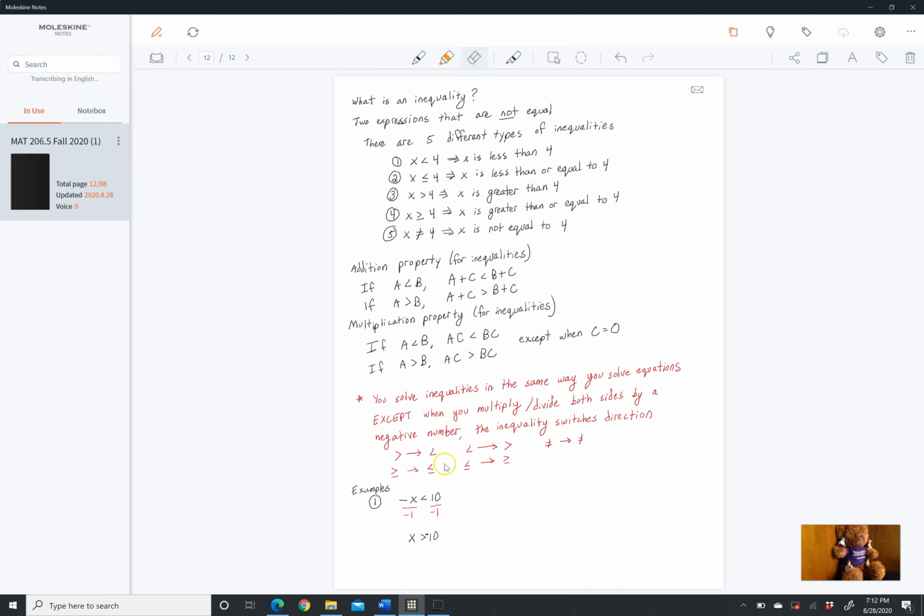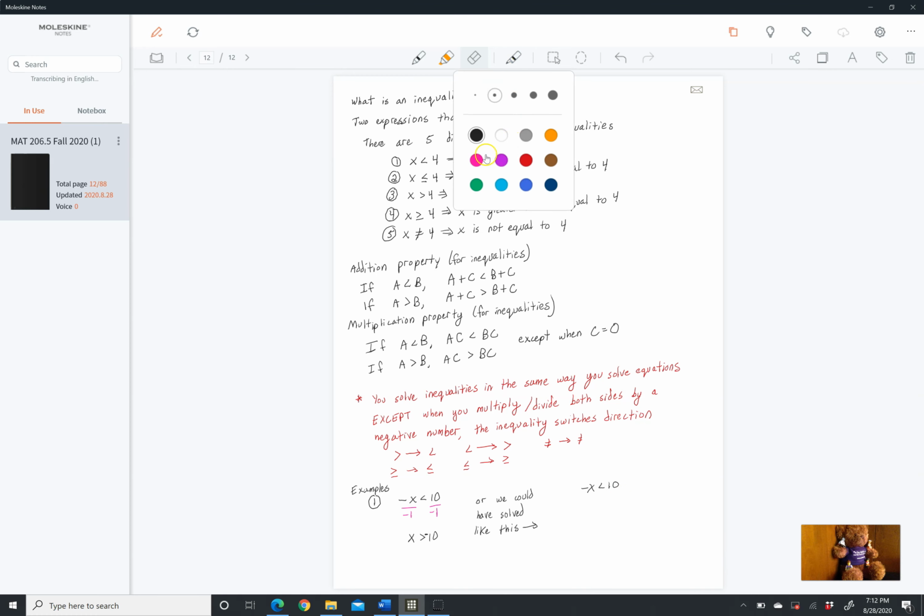Now, this is not the only way to solve this. We could have done it this way, but you'll see this is a lot longer. We want to keep the x positive, that's our goal. So instead of dividing both sides by -1, we could have just added x to both sides.